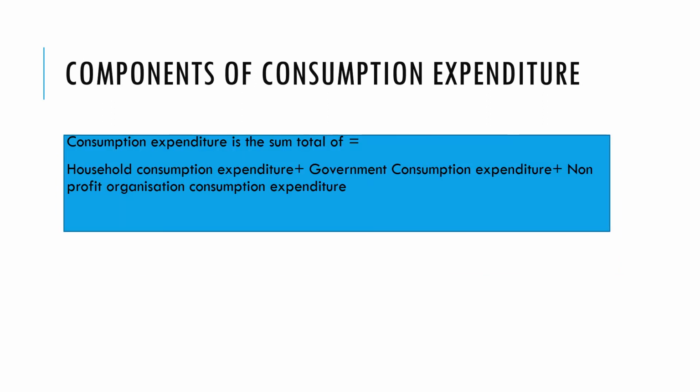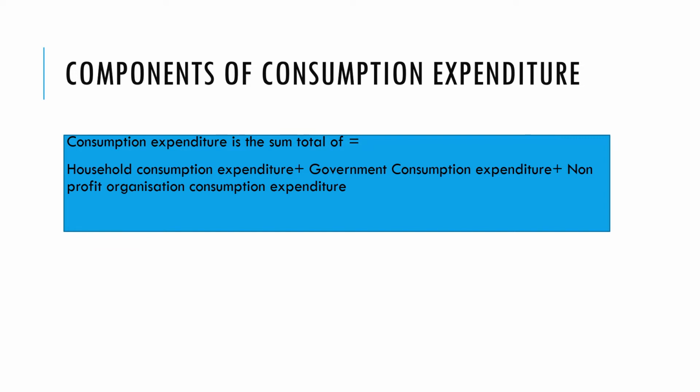Let us look at the components of consumption expenditure. Consumption expenditure is the sum total of household consumption expenditure, government consumption expenditure, and non-profit organization consumption expenditure. All these categories, household, government, and non-profit, are end users.